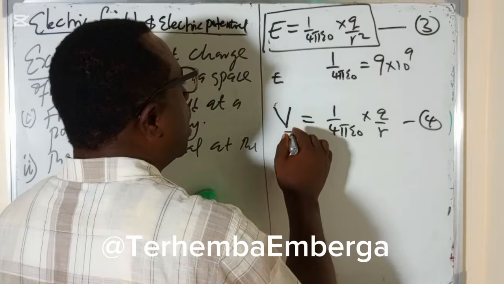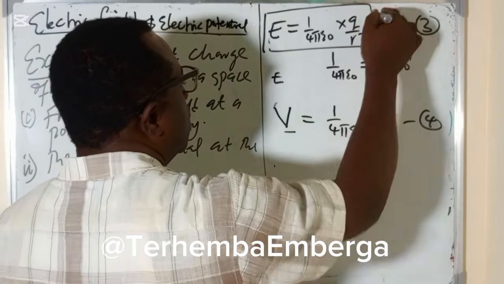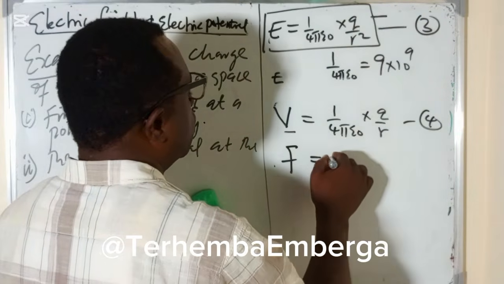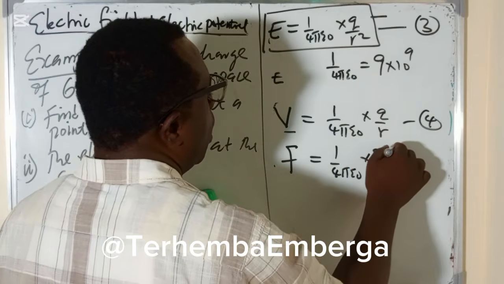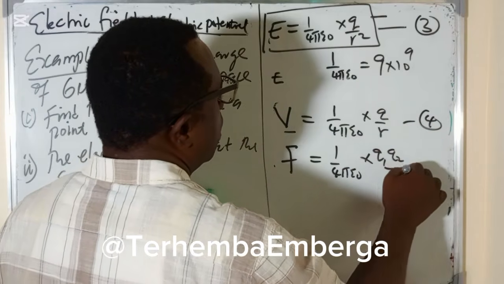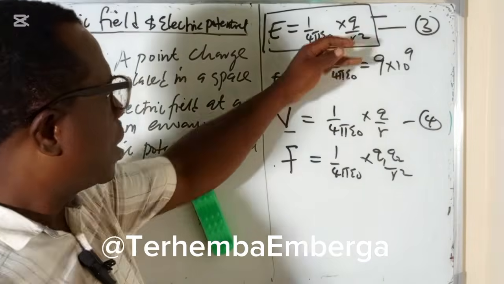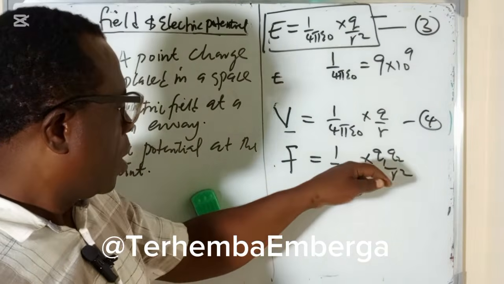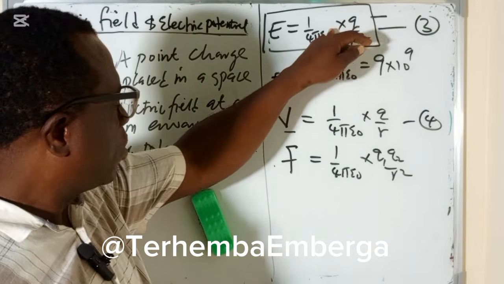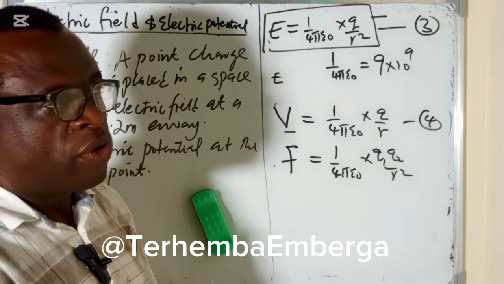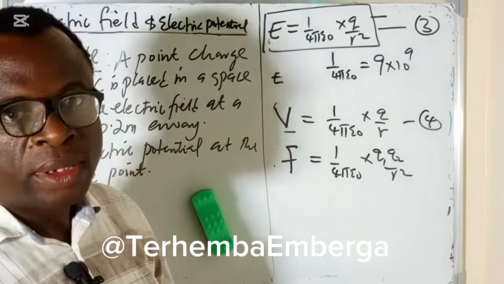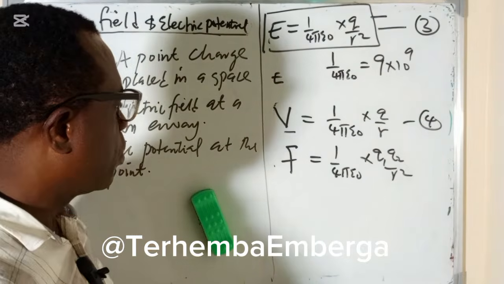This is potential, this is electric field, and the force is what we have been using as Q1, Q2 all over R squared. So of these 3, this is the electric field, this is the electric potential, this is the electric force. So if you are asked to calculate any of these, do not get confused.